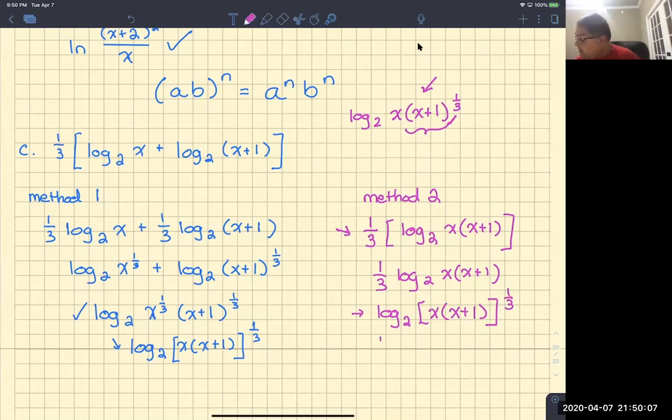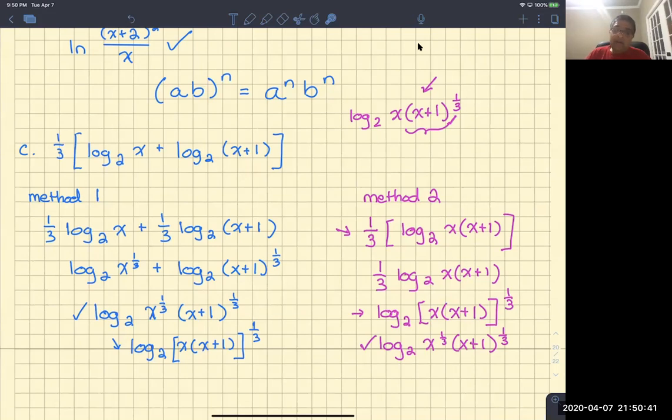So I can rewrite this as log base 2 of x to the 1/3, x plus 1 to the 1/3. And this is why I wanted you to write the answer in this form and not in this form. Not that this is wrong, this is totally right, but this is just more appealing, if you will.